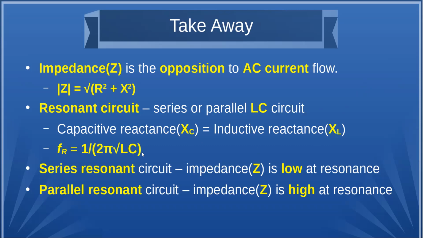There's the formula again, which is the reciprocal of the radians times the square root of the product of inductance and capacitance. In a series resonant circuit, the impedance is low at resonance. Parallel, it's high at resonance. That determines, when you're doing a circuit like an oscillator, whether you want it to pass a waveform at a resonant frequency or block it, depending on whether you use a series or parallel circuit.